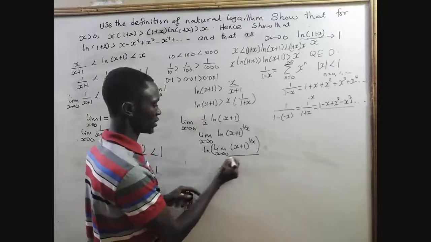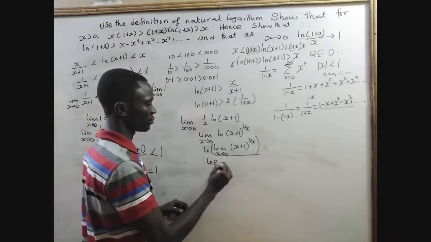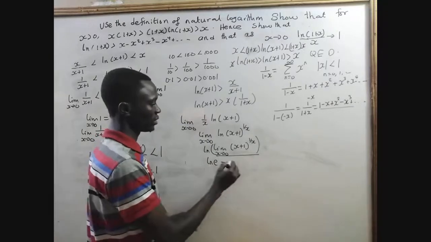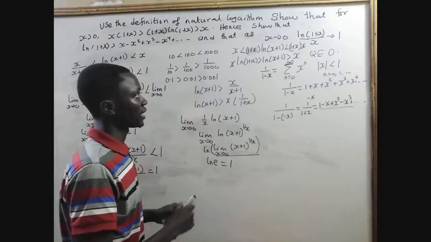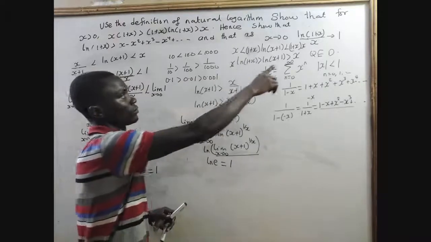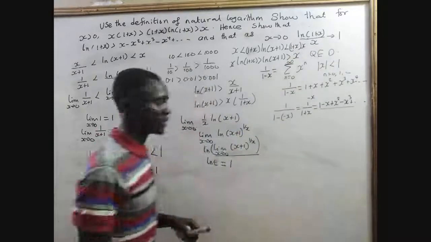So the whole of this equal to e. So you're going to have natural log of e. The natural log of e is 1. So this clearly shows that as x approaches 0, natural log of 1 plus x divided by x also approaches 1.